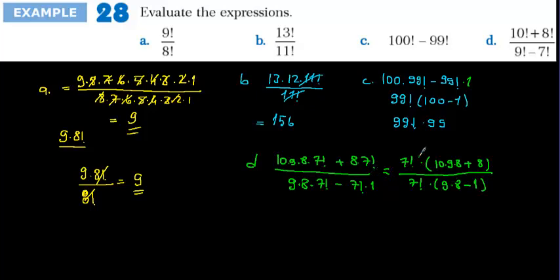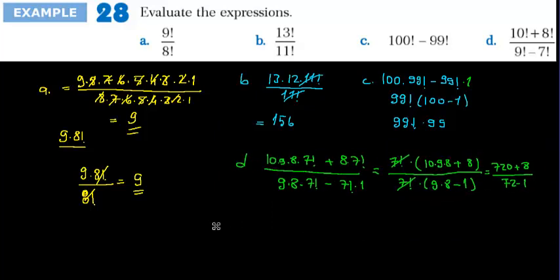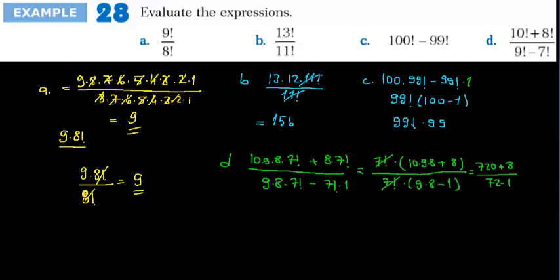Then it's going to be 7 factorial over 7 factorial. When we simplify, 9 times 8, 72 times 10 is equal to 720 plus 8, and this is 72 minus 1. The answer is going to be equal to 728 over 71.